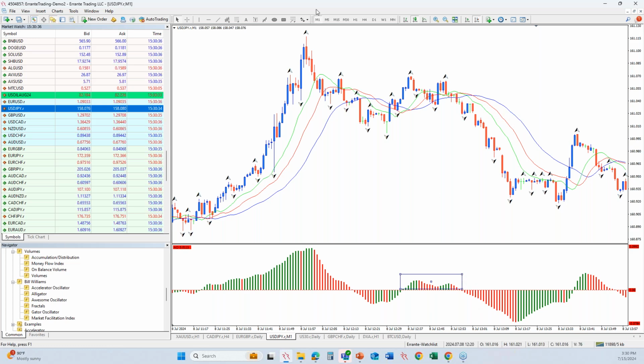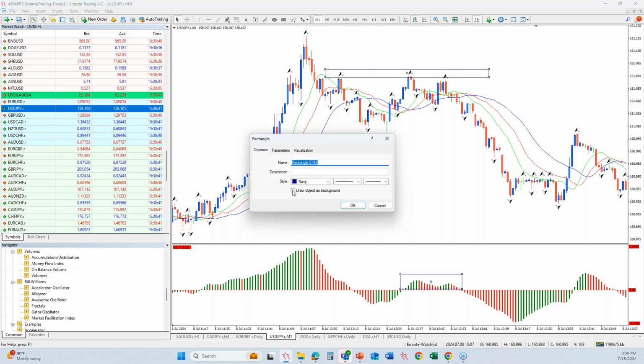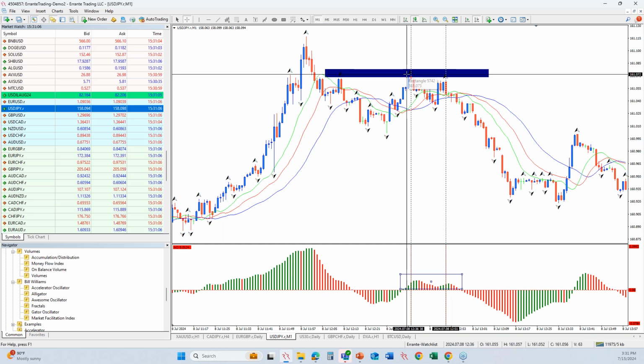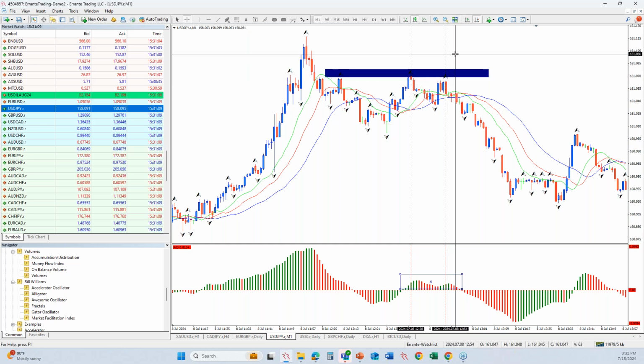And if you look at the price, we have some obvious resistance level here, about 161.07. And we see the first top and the second top. And at these levels, the price can't move higher.